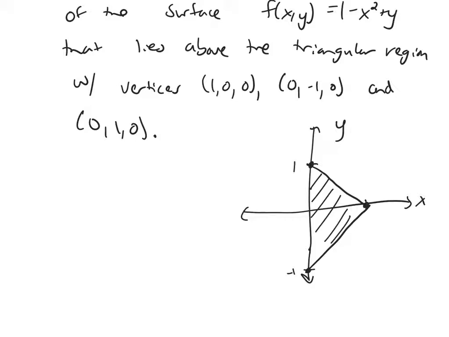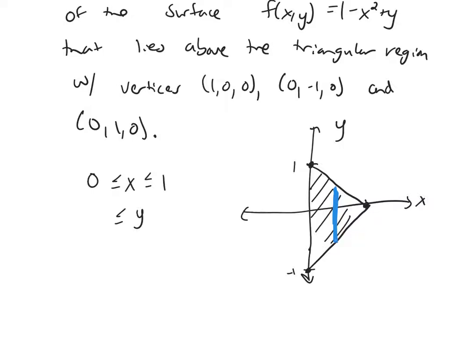And I need to describe this region. So if I look here, let's focus on it going up and down. And then I start with x. x is between 0 and 1. And then y. So this bottom function, the slope would be positive 1.